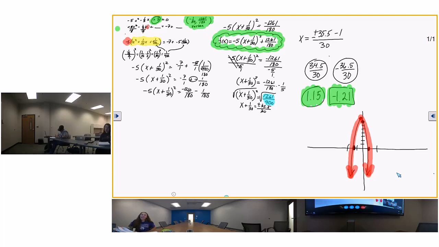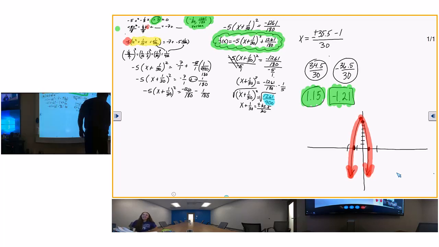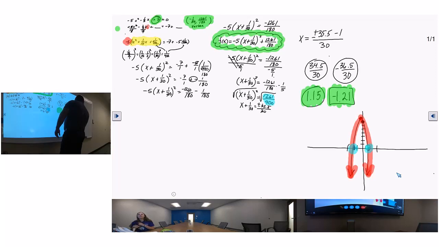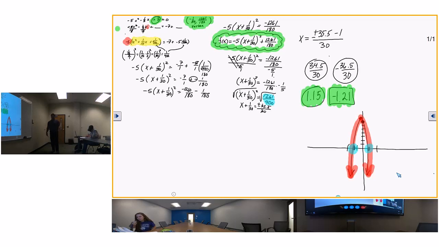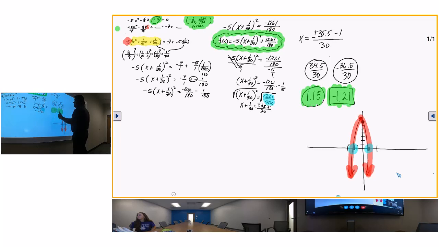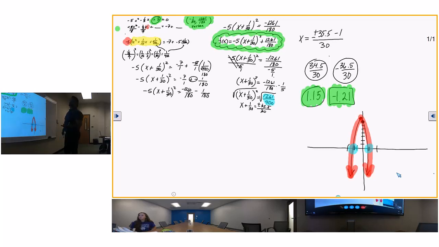All right, so that blue right there, that positive, tells us that we have two x-intercepts. What if that was a negative number? You don't have x-intercepts. If you have a negative under the radical, that means you don't have what? X-intercepts. What if you had a 0 under the radical? That means that the vertex and the x-intercept are the same point, sitting on the x-axis. So remember I told you that.